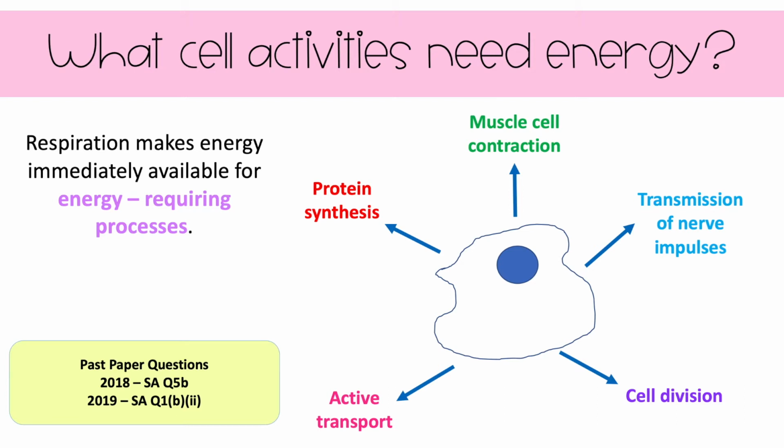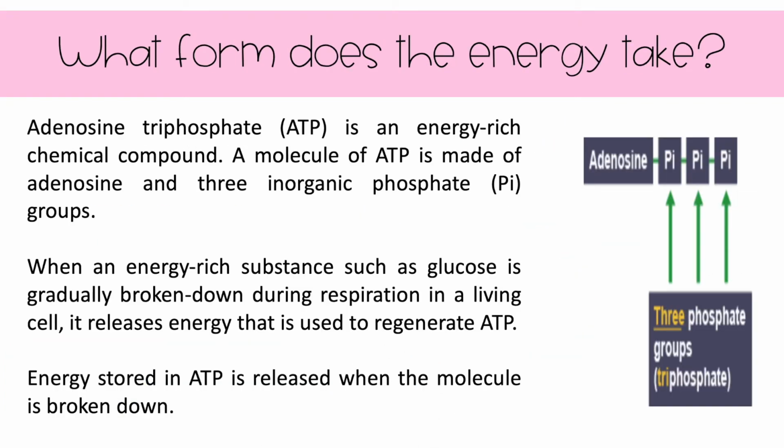As a result, many molecules of ATP are present in every living cell, and this makes energy immediately available for energy-requiring processes such as these on our screen here. So we've got muscle cell contraction, cell division, protein synthesis, the transmission of nerve impulses, and active transport.